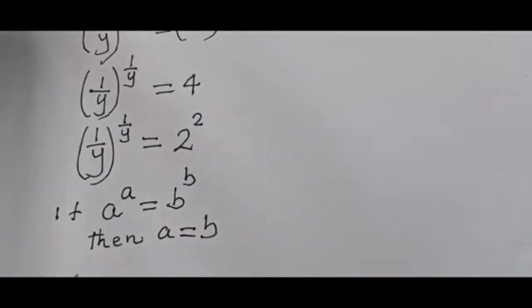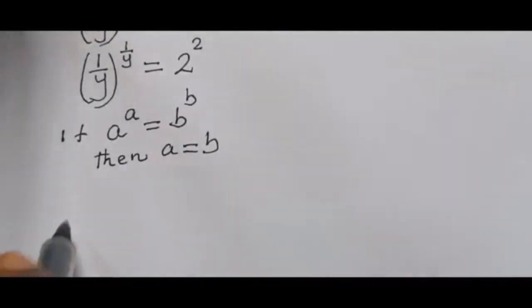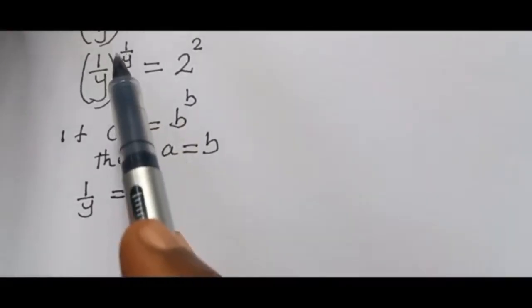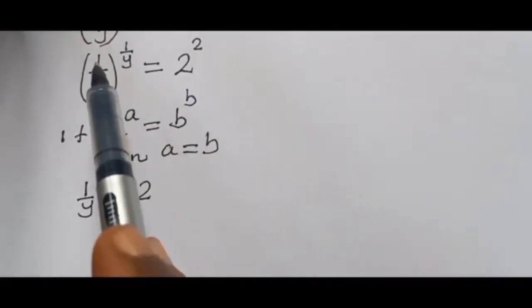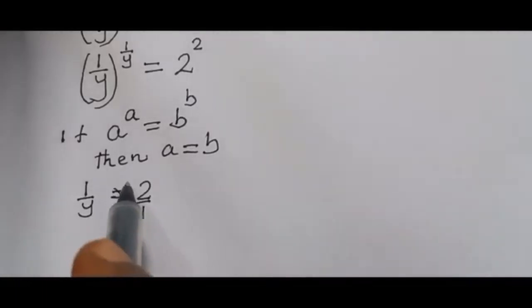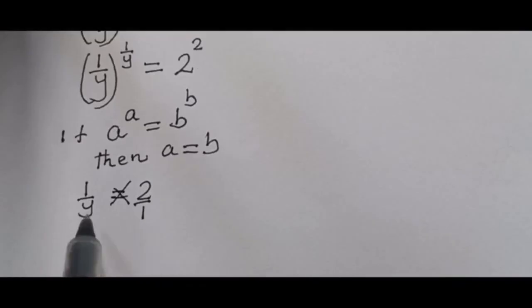So therefore, 1 over y equals 2. We equate the base 1 over y to the base 2. That is what I've written here. Put 1 here and then cross multiplication. We have y times 2, 2y, and 1 times 1 is 1.